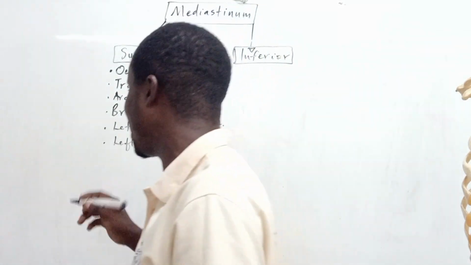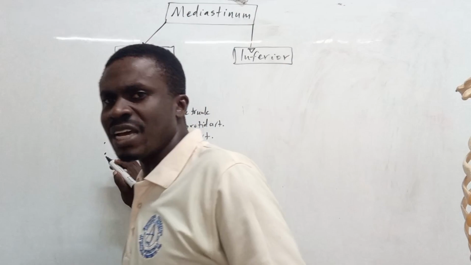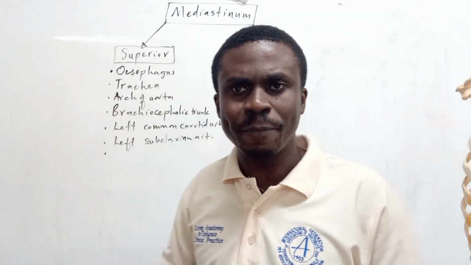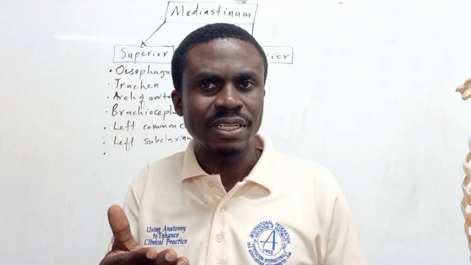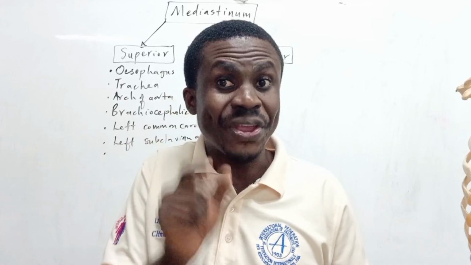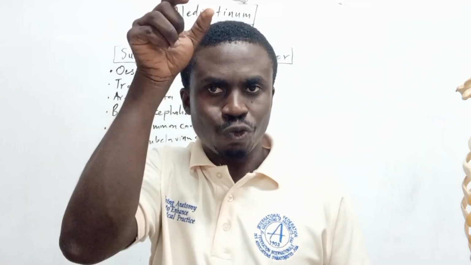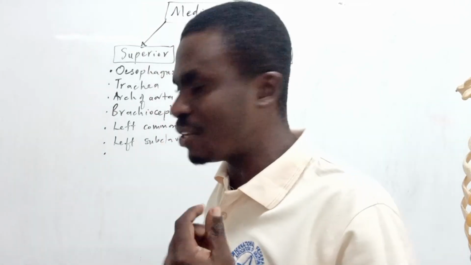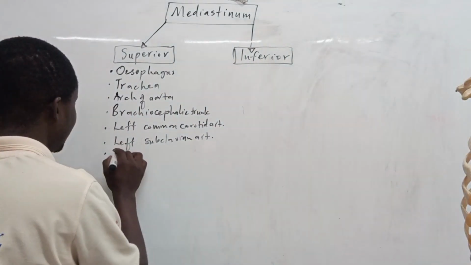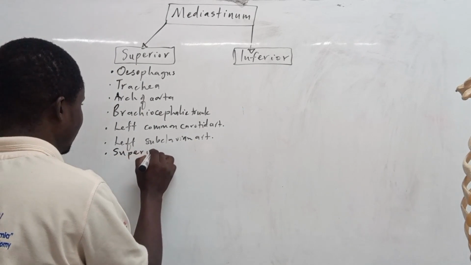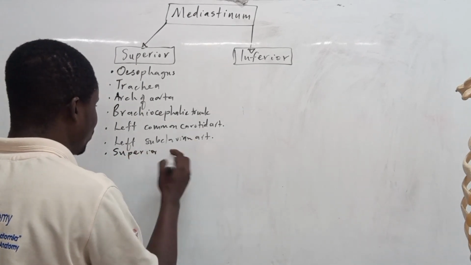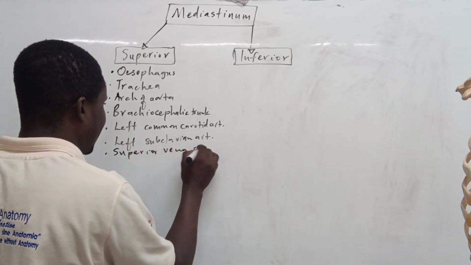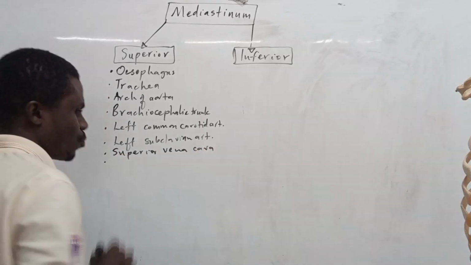The 5 veins. Now, who are these 5 veins? The first one, yes, we talked about the arch of aorta over here. Now, we also have to talk about, of course, the superior vena cava. Remember, superior, so it's in the superior mediastinum. So we are talking about the superior vena cava, or the proximal distal bit of the superior vena cava. We are not done.